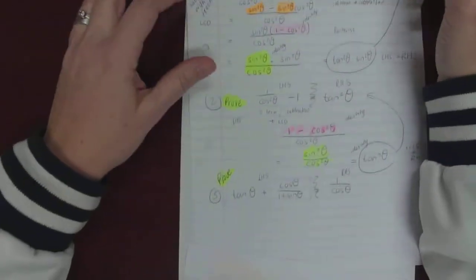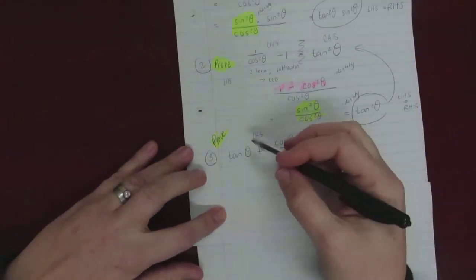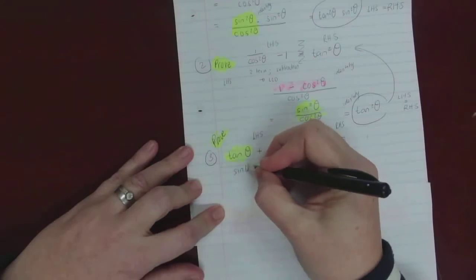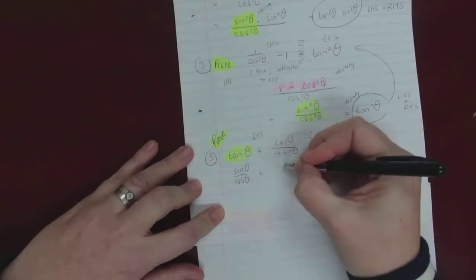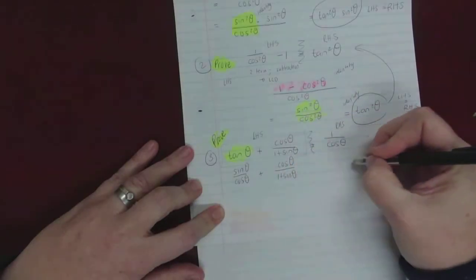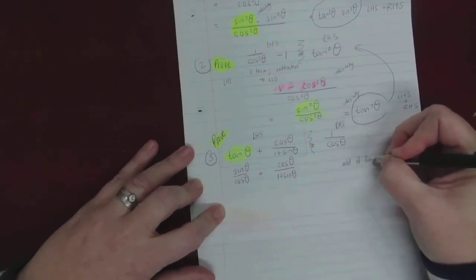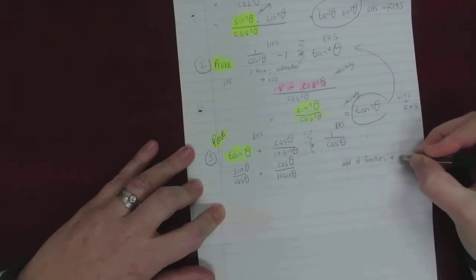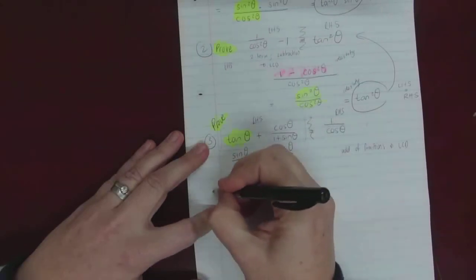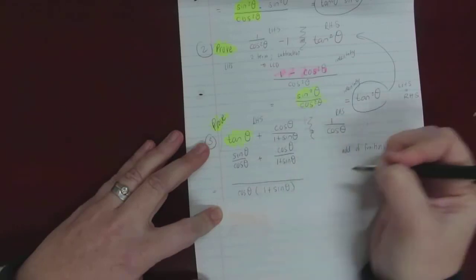So if I take my left-hand side, tan theta can be written as sine theta over cos theta plus cos theta over 1 plus sine theta. What do I have here? I have addition of fractions. What must I do when I add fractions? I need an LCD. So my LCD is cos theta and 1 plus sine theta.